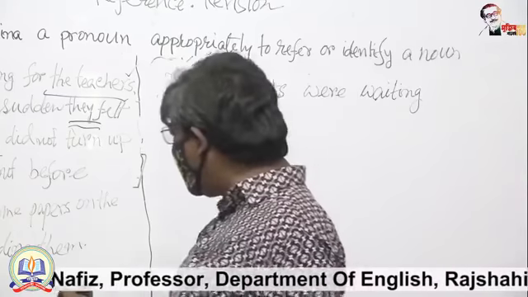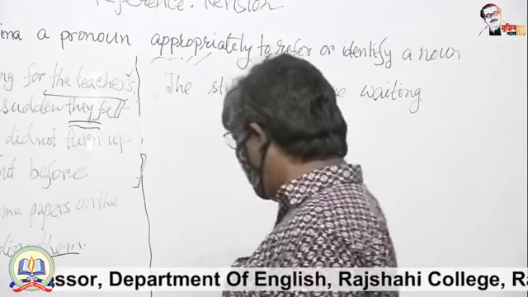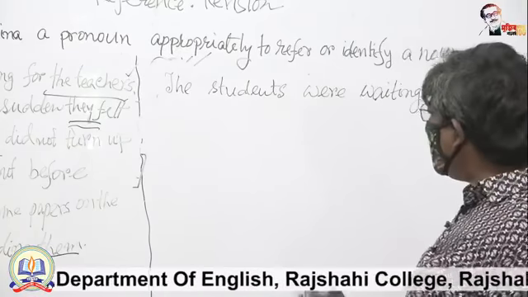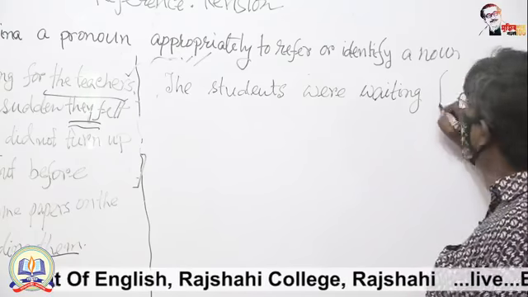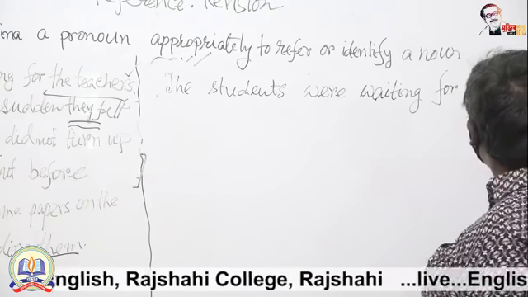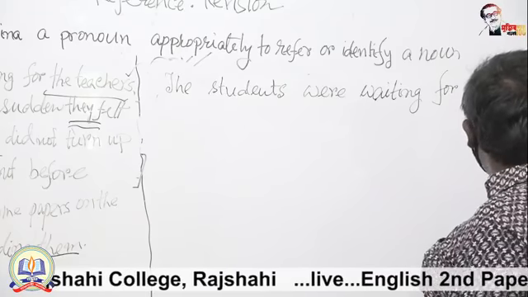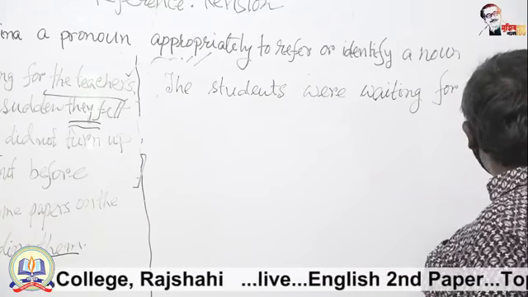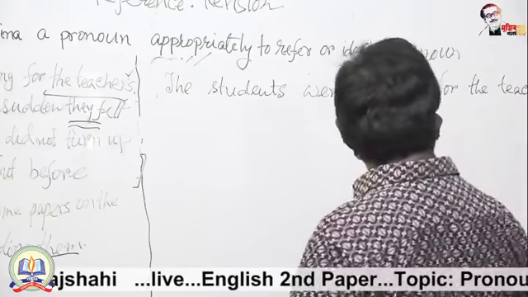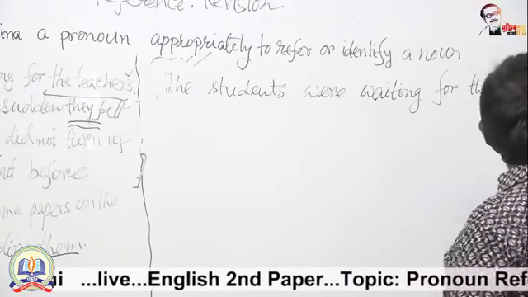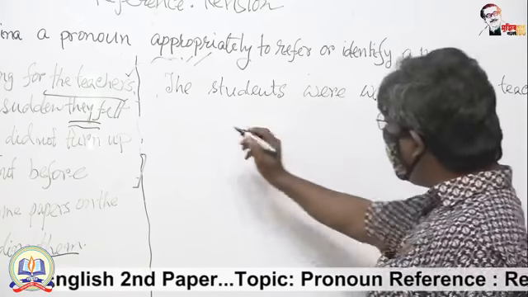We have another pronoun, them, at the end of the passage. The students are waiting for the teachers. There is no complexity of any pronoun in the first sentence. We have a pronoun in the next one, in the ground.